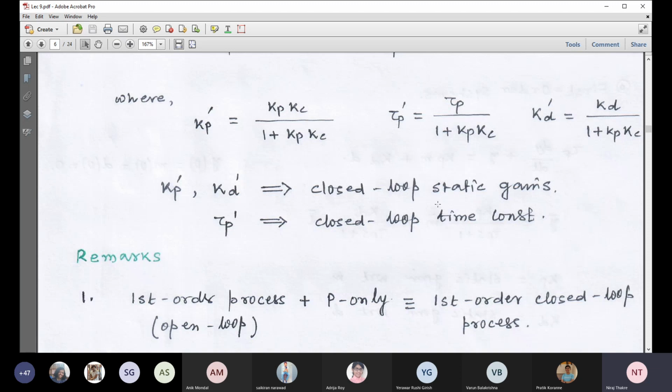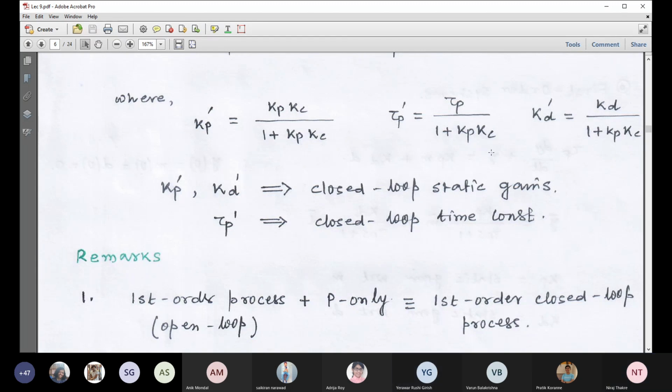So what do you think? Which one is larger, tau p or tau p prime? Based on this expression, can you tell which one is greater? Tau p is greater? Yes, sir.